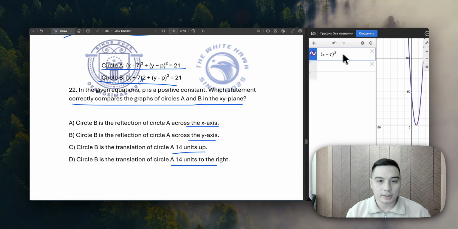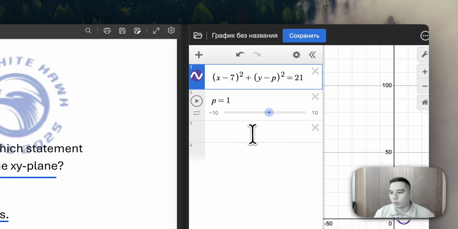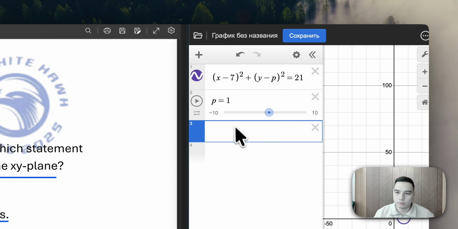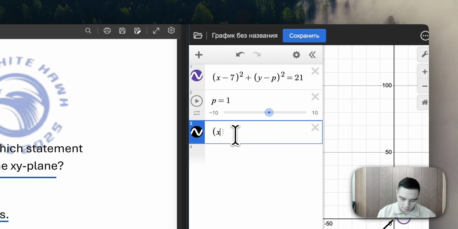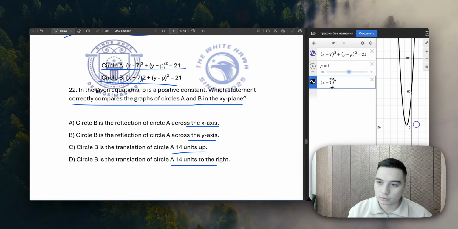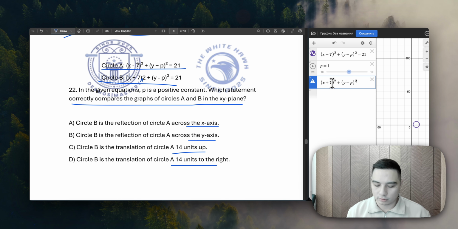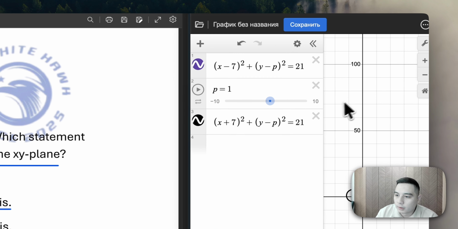So here, x squared plus y minus p in the second power, equals 21. Okay, let's take p as 1. It's not a big deal. So we have x plus 7 squared plus the same y minus p squared, and it's also 21. Okay. So what do we have?